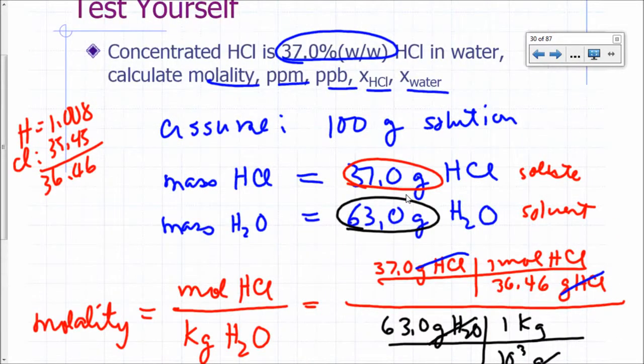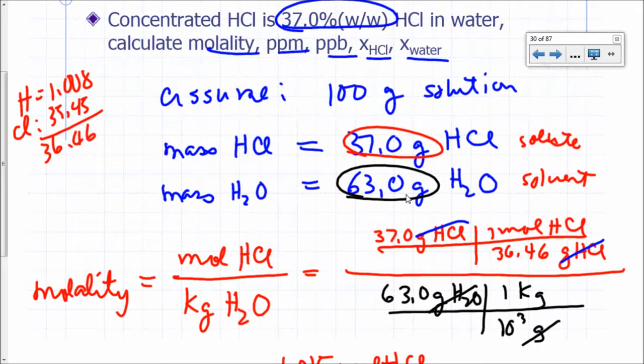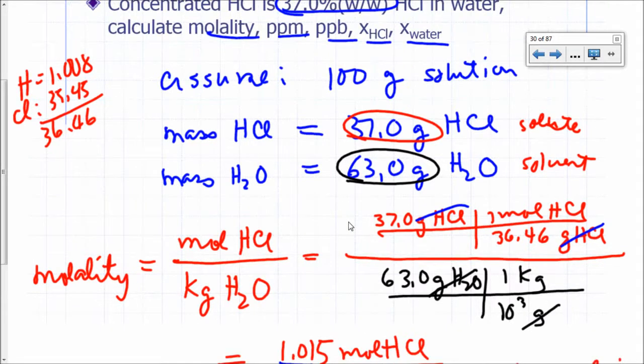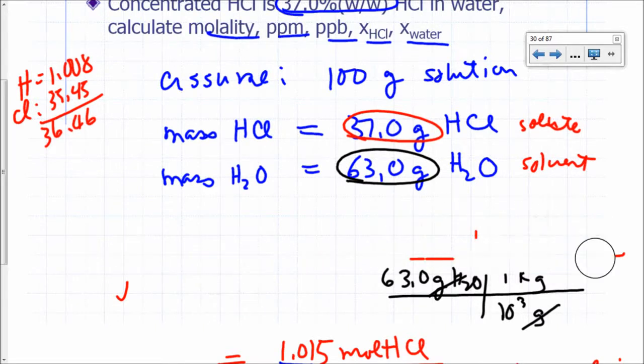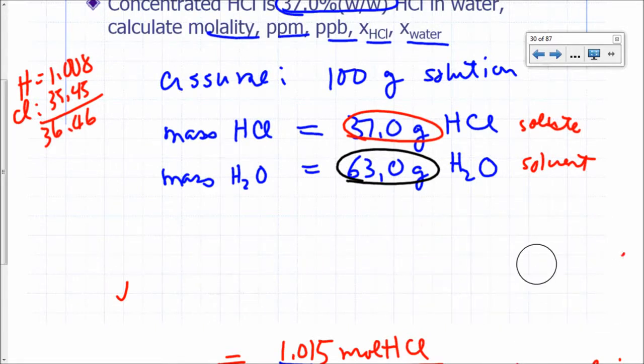So can you do parts per million? That should be easy, right? How do you do parts per million? Mass HCl over mass total times what? A million. Instead of times 100 to get the percent, you get times a million, right?